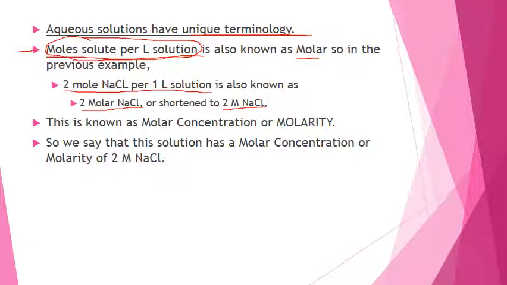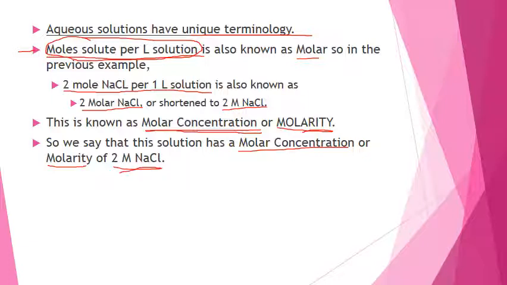This is known as molar concentration, and a short word for molar concentration is molarity. So we would say the molar concentration, or the molarity, is 2 molar, 2 big M NaCl.